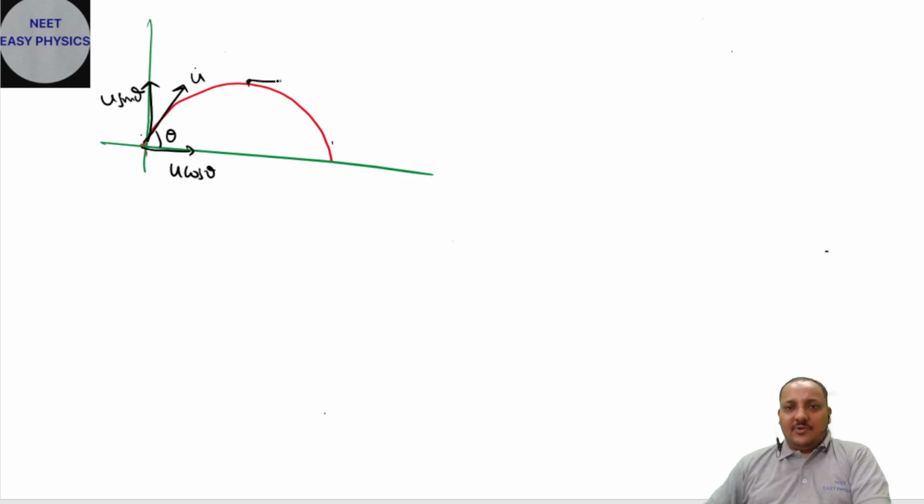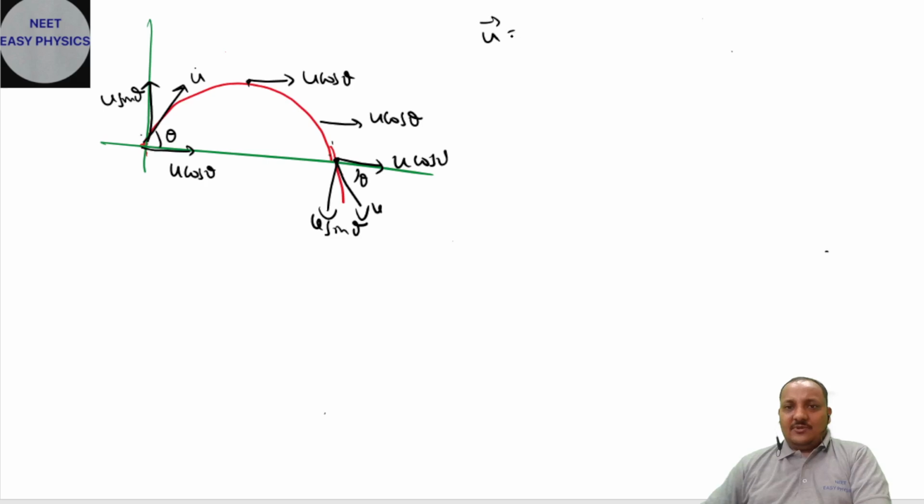At any point, what is the same, we said? At any point, the horizontal velocity remains the same. So after reaching the ground, its speed is the same, u, making an angle theta. This is u cos theta and this is u sin theta.